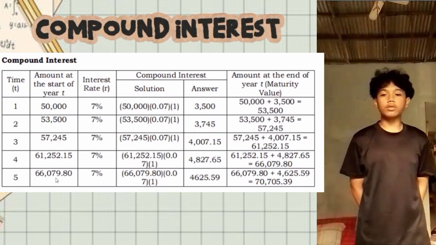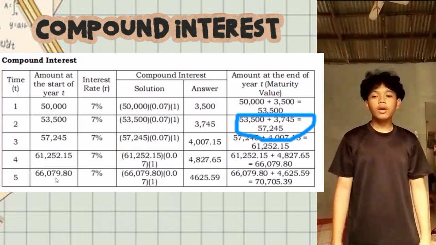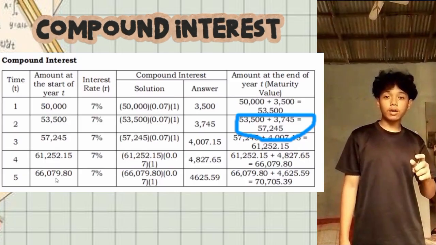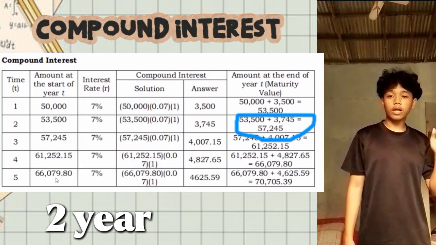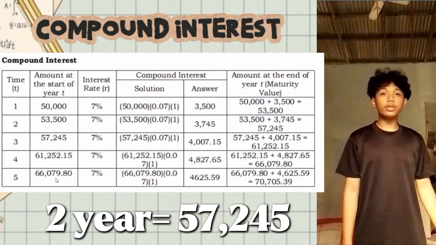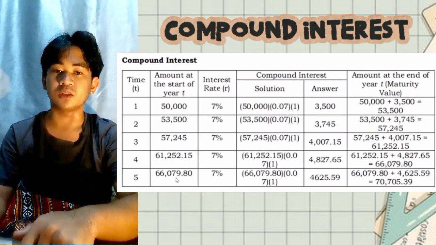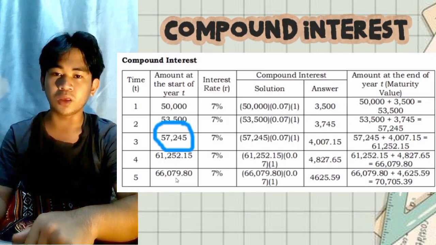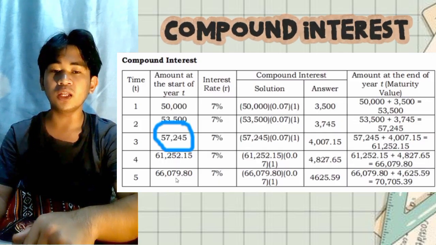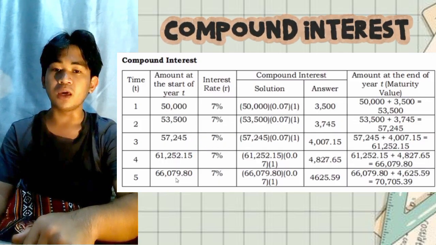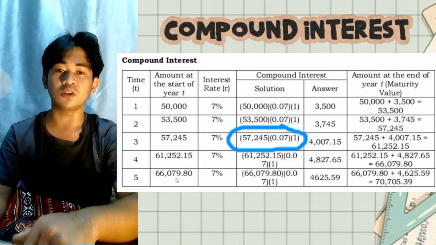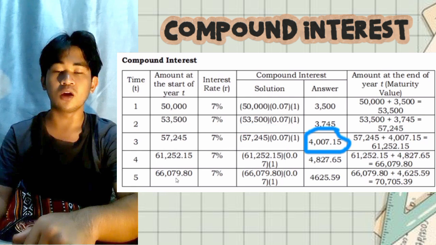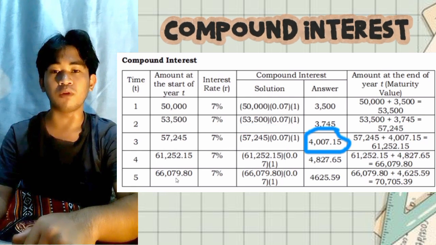Pag in-add natin ito sa 53,500, makukuha natin ang 57,245. Kaya after 2 years, ito na ang total na amount o yung bagong principal. Ang starting principal sa third year ay 57,245. Kukunin natin ang 7% nito, it's 57,245 times 0.07 equals 4,007.15.